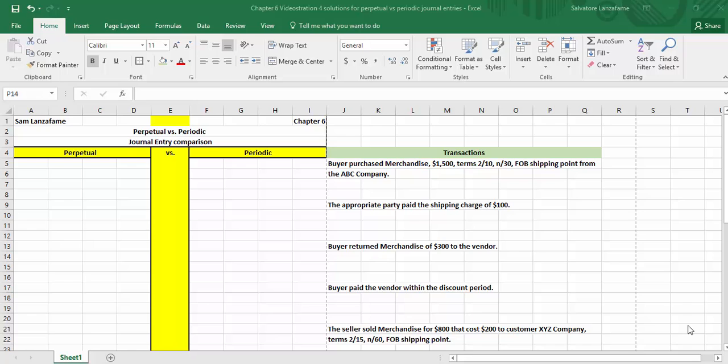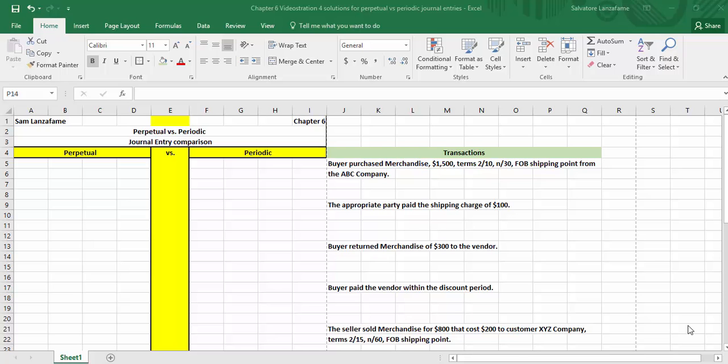Under periodic, you really wouldn't need explanations because you'll be able to tell from the debit and the credit what's actually happening in the transaction. So very explicit accounts.